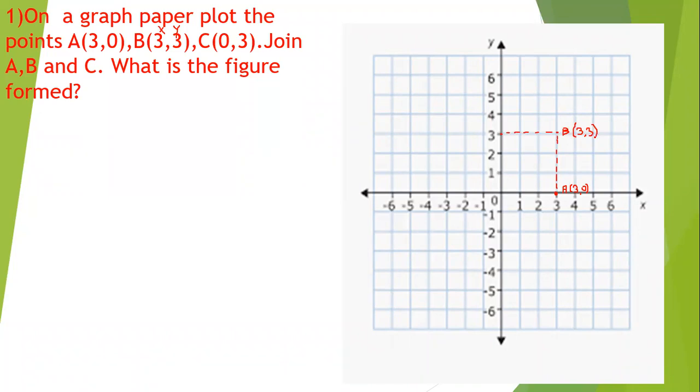The third point is 0, 3. And here, since we have 0 in the x coordinate, the point is on the y-axis. So the y coordinate given to us is 3. So on the y-axis, where is 3? It is over here, right? So I'm just marking the point and I'm writing the name of the point over here, C, 0, 3.